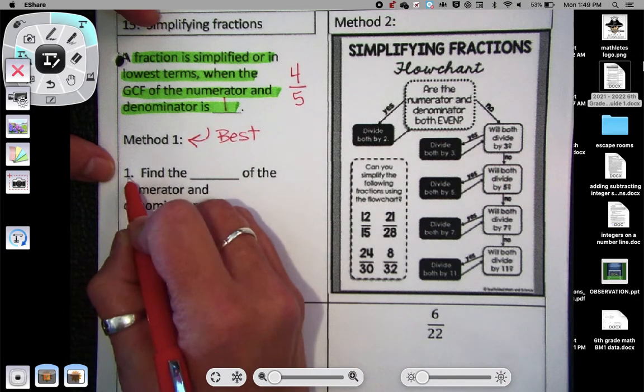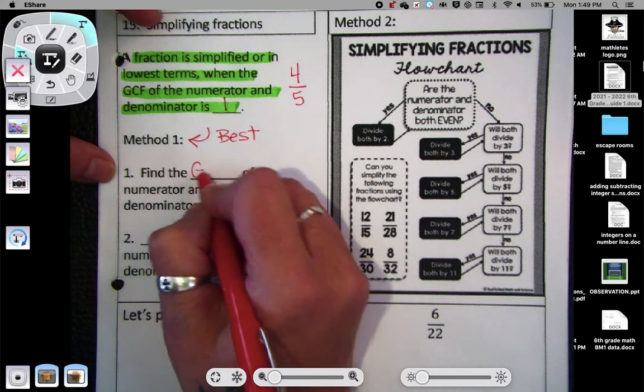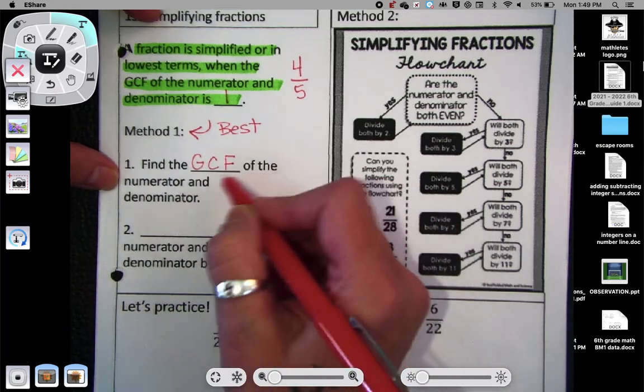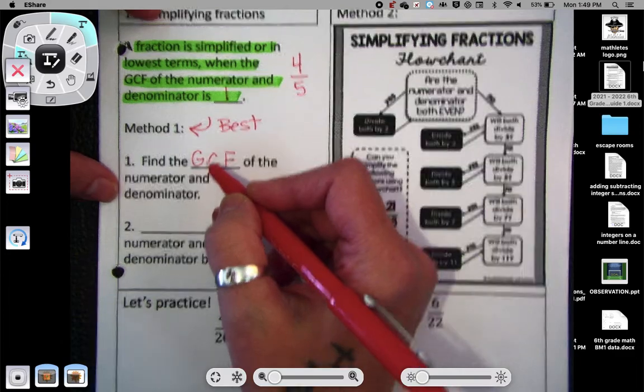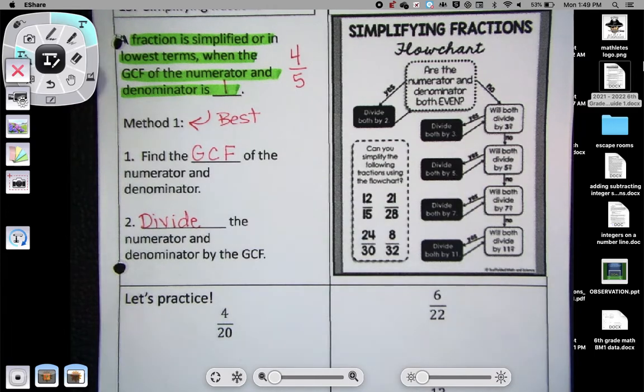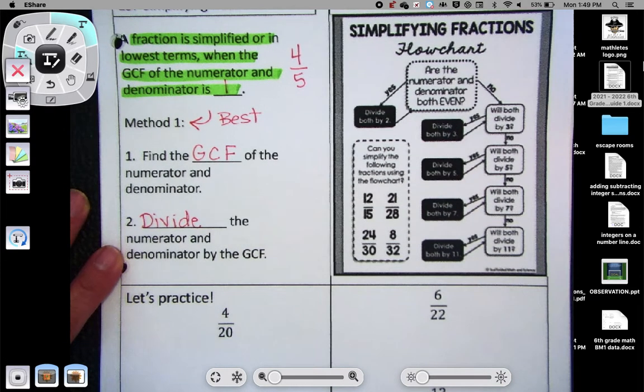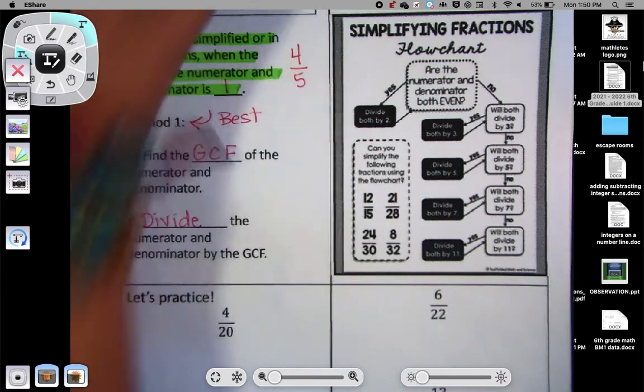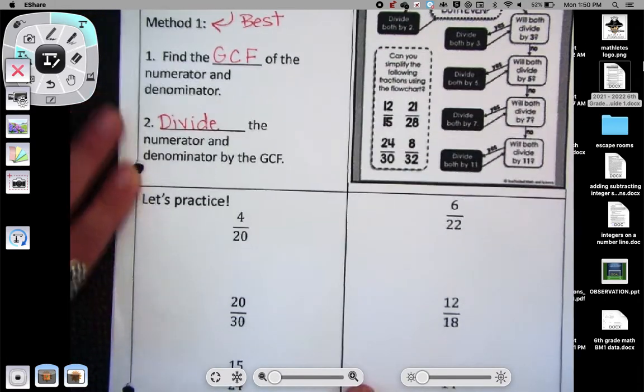Method 1 says to find the GCF of the numerator and the denominator, and then divide the numerator and denominator by the GCF. So let's practice with that method.